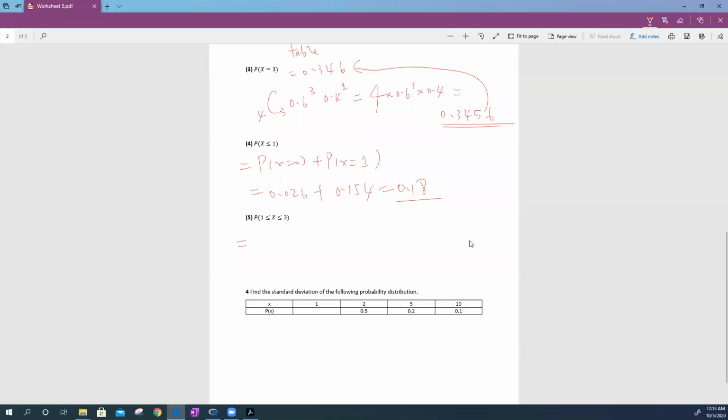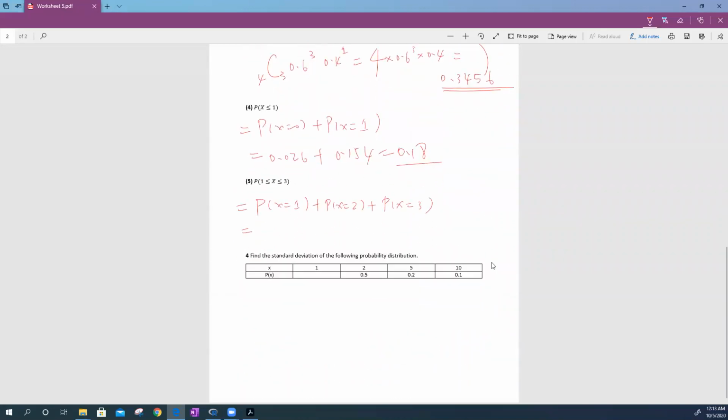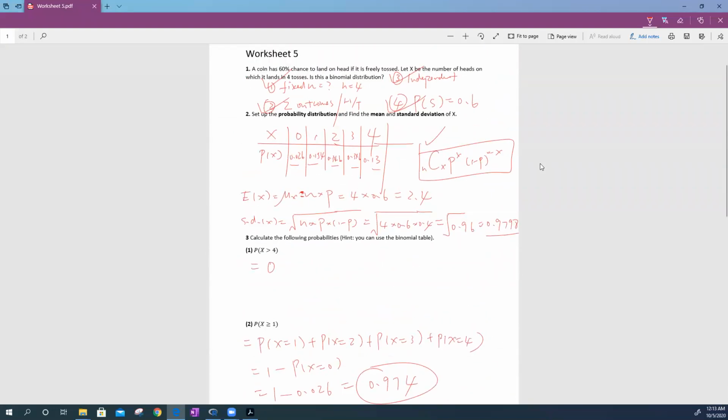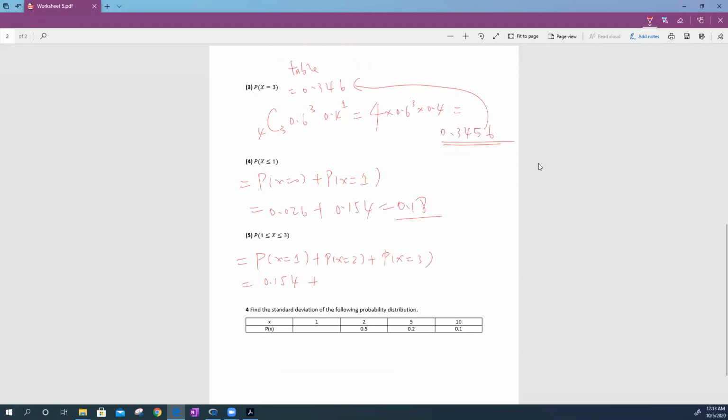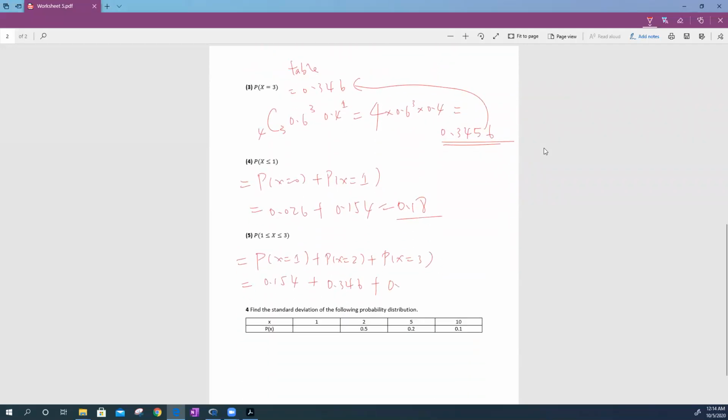And 1, 2, 3 inclusive. So probability of x equals 1 plus probability of x equals 2 plus probability of x equals 3. So 0.154 plus 0.346 and 0.346.